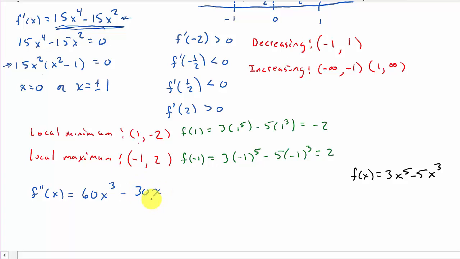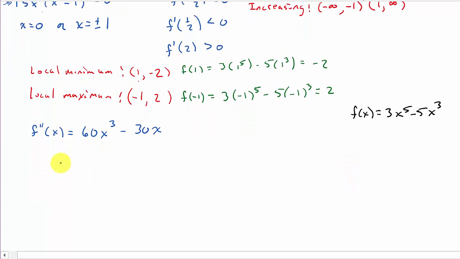And so now you take the second derivative and set it equal to 0. So that's 60x cubed minus 30x equals 0. And so that's going to be 30x times 2x squared minus 1 equals 0.